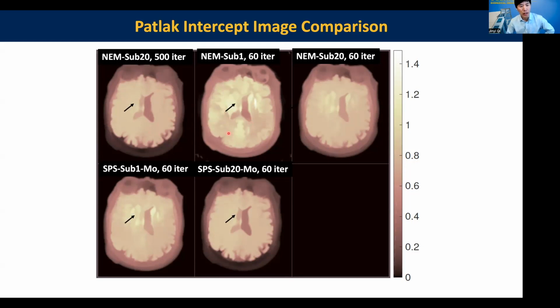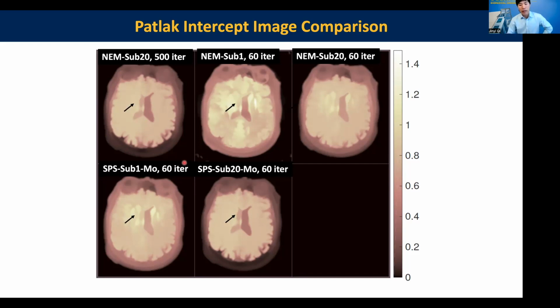Now, if we look at the original EM, equivalent to 1 sub-iteration, the convergence is very slow, so you see this artifact that's generated by the slope image. With the 20 sub-iteration EM, it's getting better, but you still see some residual artifact. And with the momentum, it gets very flat and uniform, looking pretty much the same as 500 iterations of nested EM.